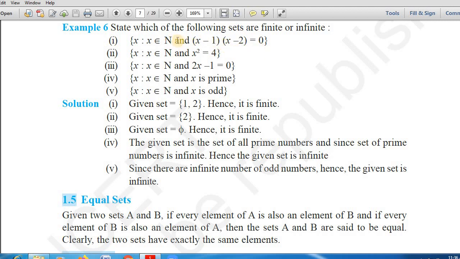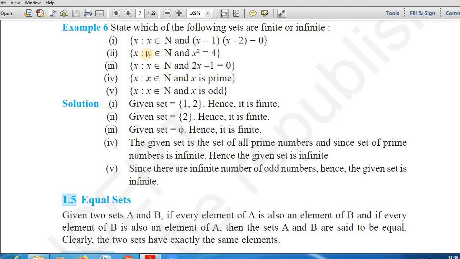From the second condition we have (x minus 1) into (x minus 2) equal to 0. This gives us two values of x, 1 and 2. From the first condition, x is natural. Yes, 1 and 2 are natural. So this set consists of two elements, 1 and 2. It is a finite set.